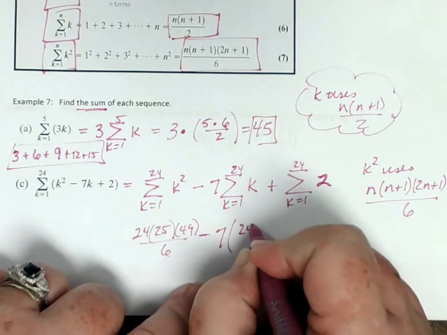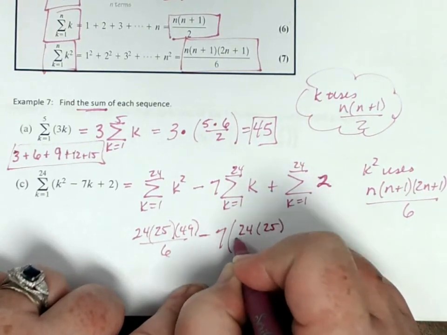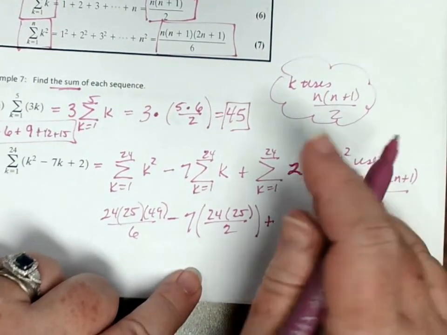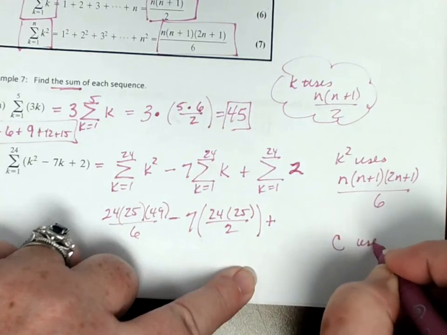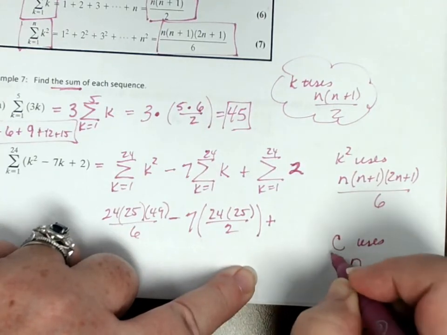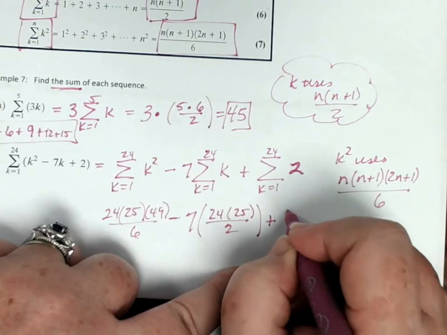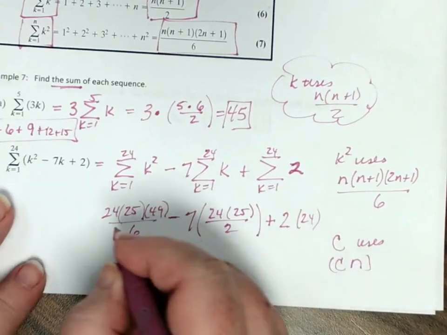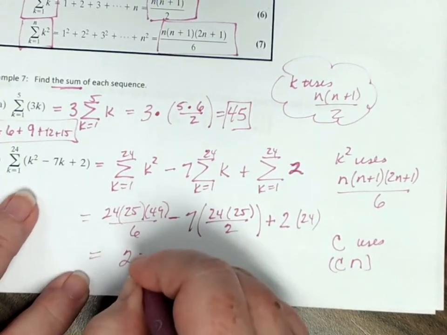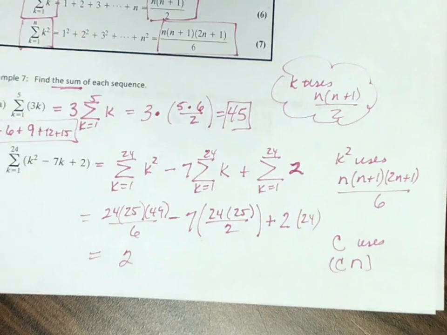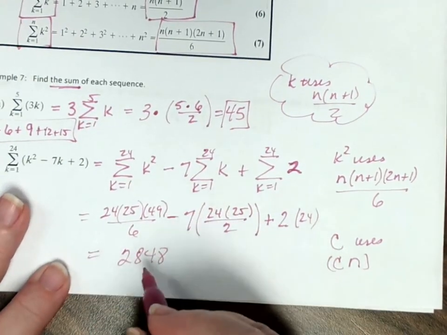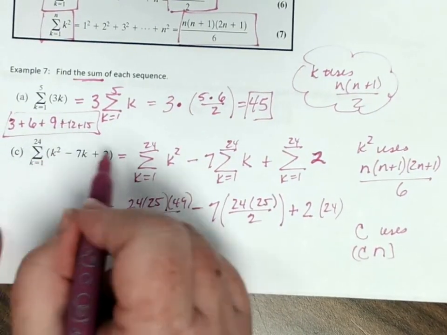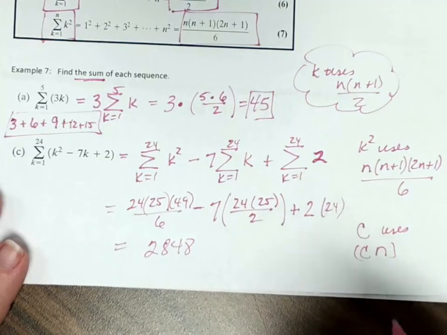So that's 24 times 25, all divided by 2, plus, this is the constant, and the constant uses c times n. So we're just going to multiply the constant times 24. We plug this into our calculator, and the sum of this one is 2,848. It might seem like a lot of work, but it's certainly a lot less work than finding all 24 terms and then adding them up.